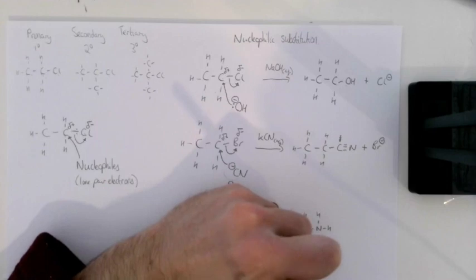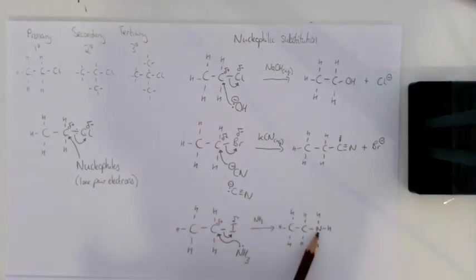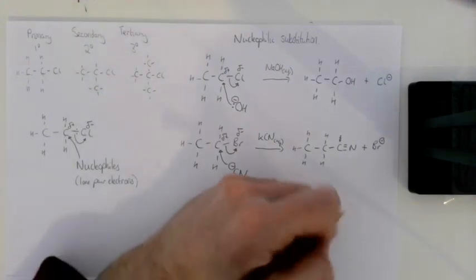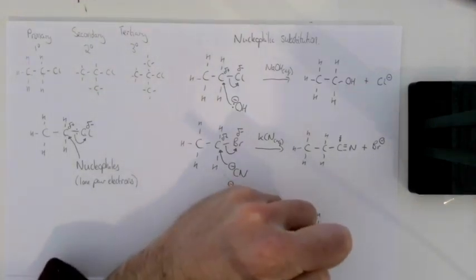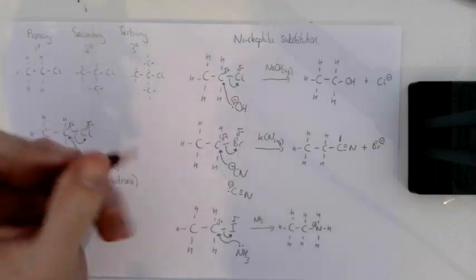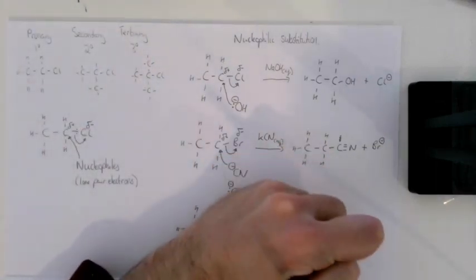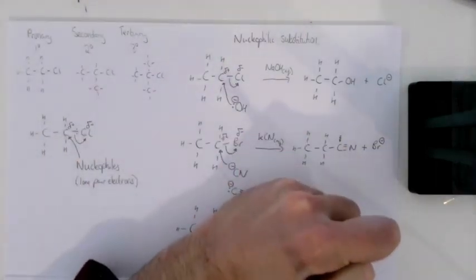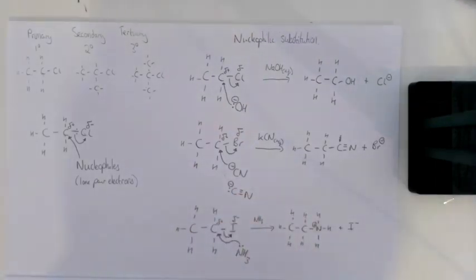Now, nitrogen is able to form 3 bonds. So here it's stable, here it's got too many bonds, it has a plus charge, so it's currently not stable. The other side product that you'd have would be I minus. I'll just keep that there for the moment.